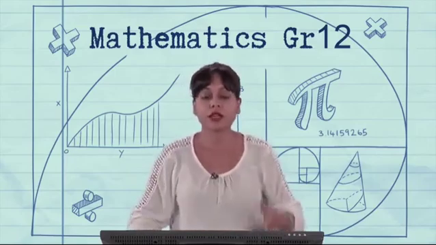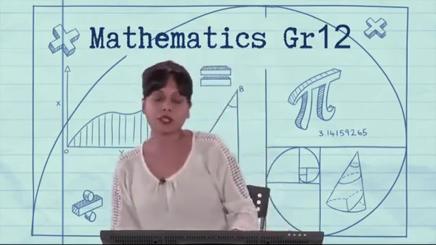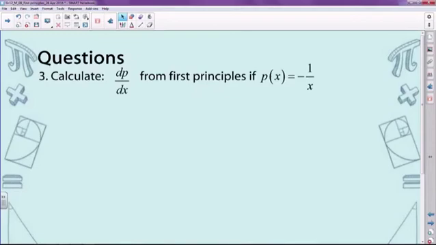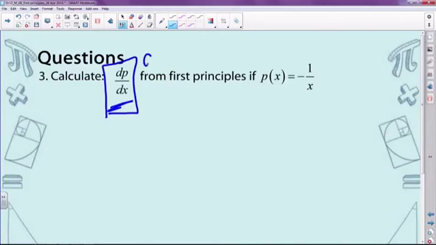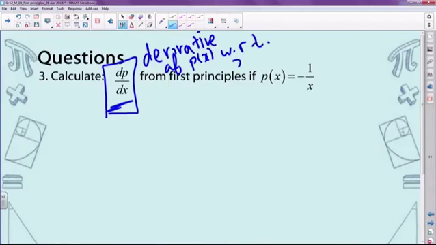Now this question, calculate the derivative from first principles, where you're given a function p of x, is one that often gets learners tripped up, and I think it's because of the fraction. In fact, I know it's because of the fraction. So let's first analyze what this question is saying. It says calculate dp dx. What does this mean? We're finding the derivative of p with respect to x.